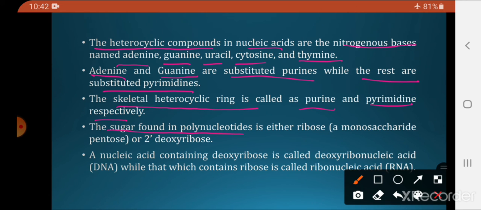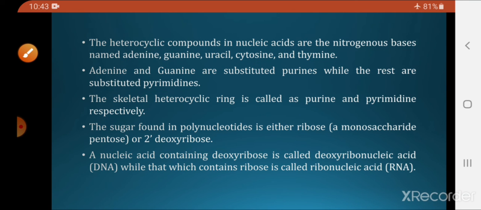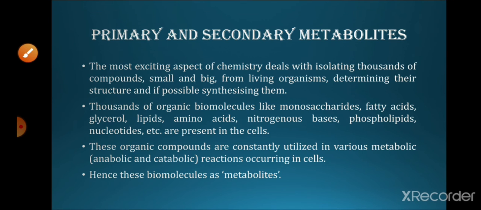The sugar found in polynucleotide is either ribose, a monosaccharide pentose, or 2-deoxyribose. 2- क्यों लिखा है? क्योंकि सेकंड कार्बन के ऊपर जो OH ग्रुप है उसका ऑक्सीजन निकल गया है. A nucleic acid containing deoxyribose is called deoxyribonucleic acid, while one which contains ribose is called ribonucleic acid. So that is regarding the nucleic acids.